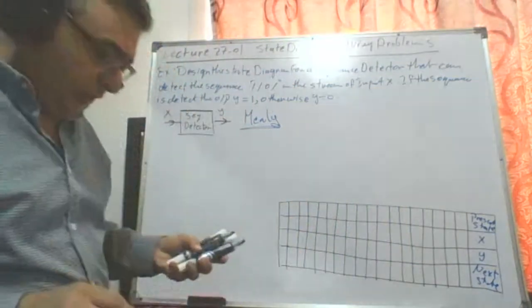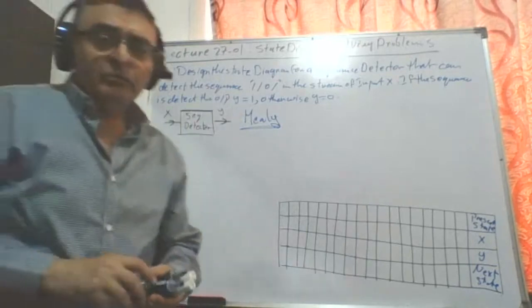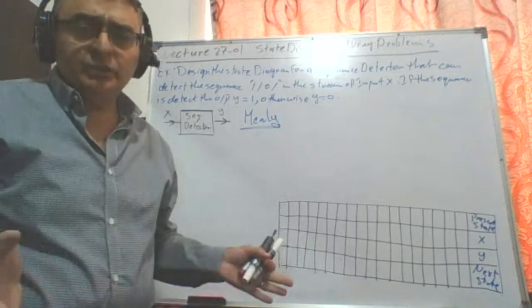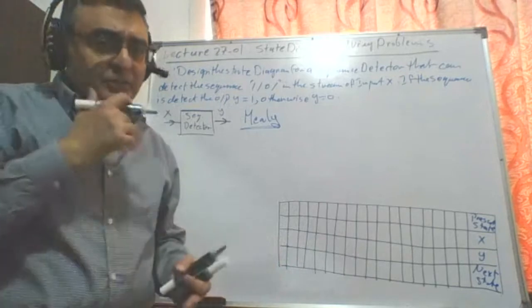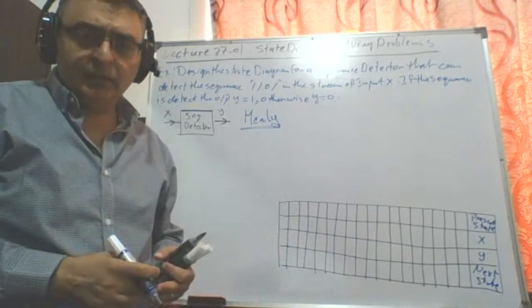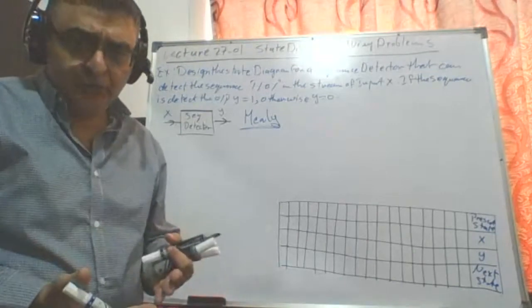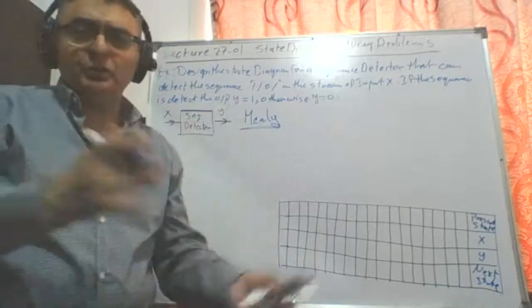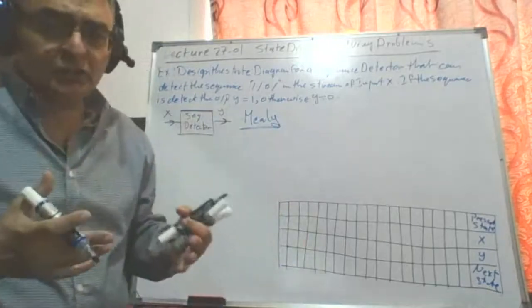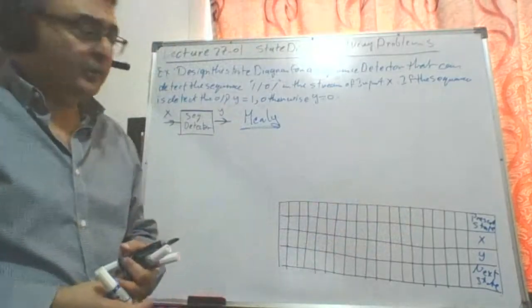So here I will just show a sequence of X. Any sequence of X. However, I want to make sure that I'm exercising my state diagram with as much of a mix as I can: a 1 followed by a 0, 2 ones followed by 2 zeros, 3 ones followed by 3 zeros, any mix of ones and zeros for X, that actually trains my state diagram.